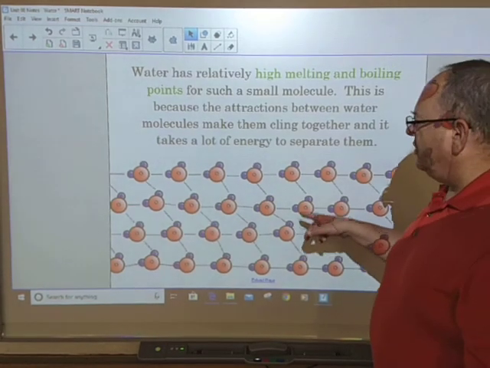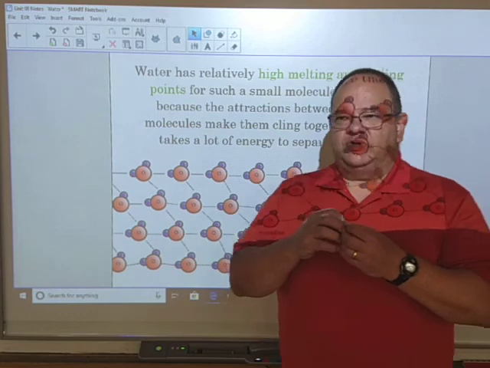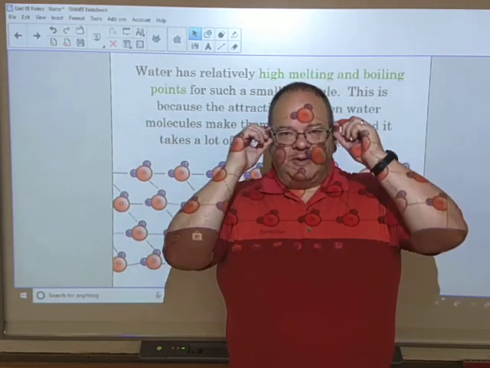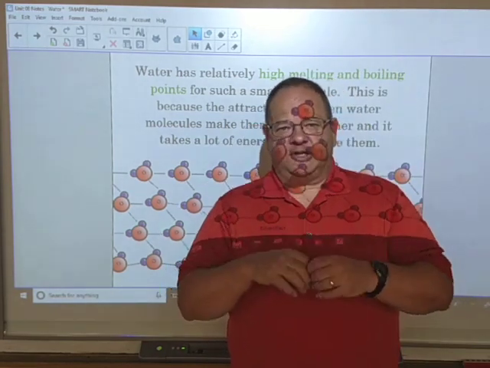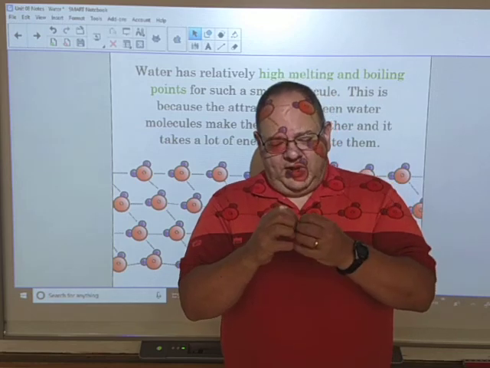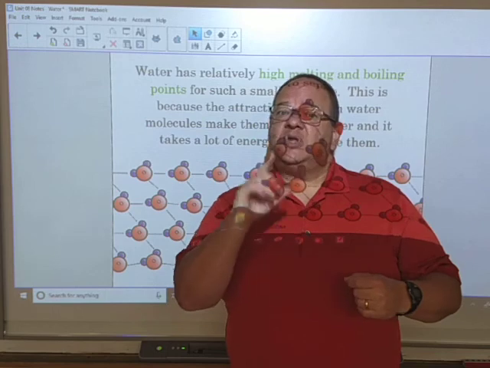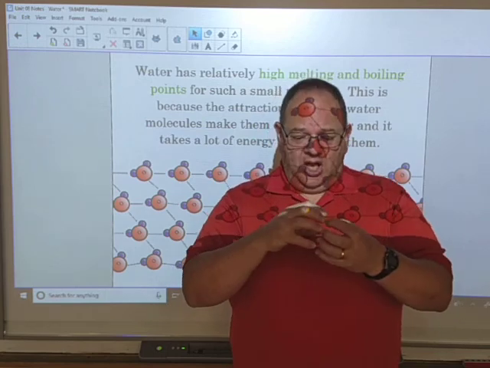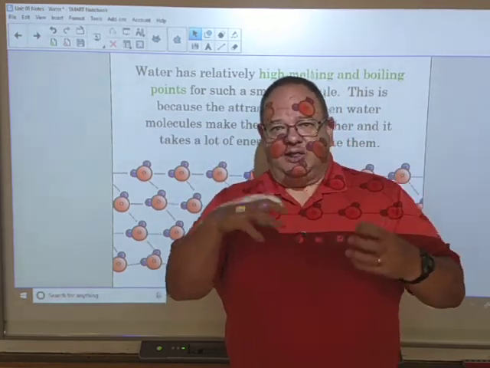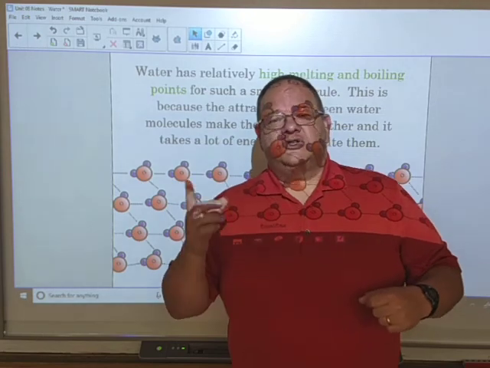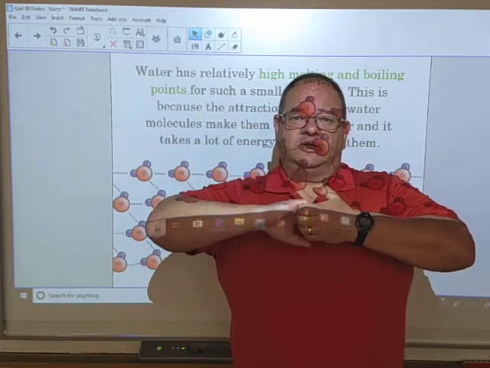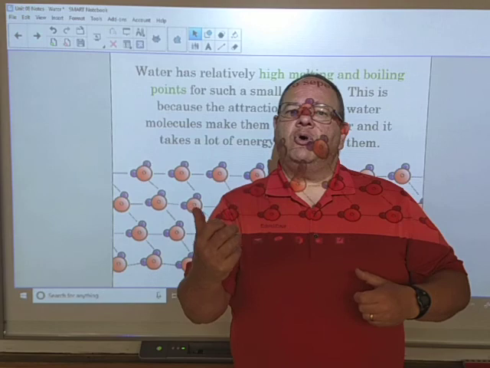And it comes back to all these molecules are attracted to each other. And I want you to really think about this. In order for us to melt something, we have to break some of the attractions between the molecules. We have to let them apart. In order for us to boil something, we have to totally separate the molecules from each other. So the more strongly they're attracted to each other, the higher the boiling point.